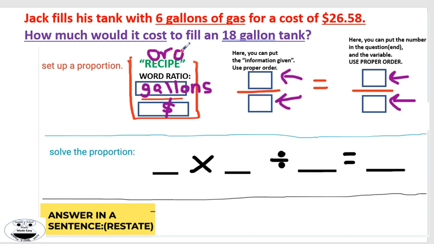It is not going to tell us if we're putting the numbers in the correct ratio. What that means here is that there is a number 6, the number $26.58, and a number 18.